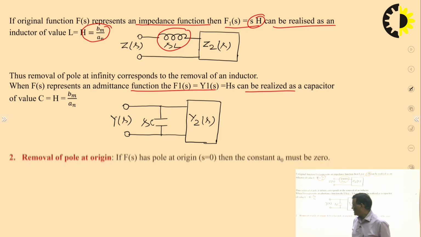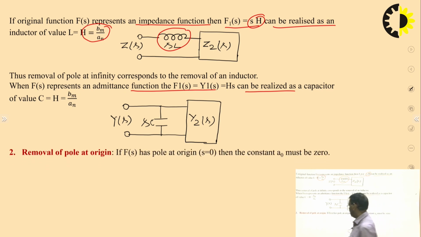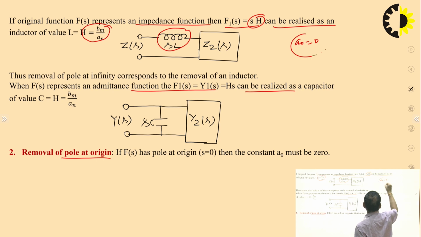Now the second method is removal of pole at origin. How will we distinguish whether there is a pole at origin? The function is Bm s to the power m plus Bm minus 1 s to the power m minus 1 plus ... plus B1 s plus B0, divided by An s to the power n plus An minus 1 s to the power n minus 1 plus ... plus A1 s plus A0.